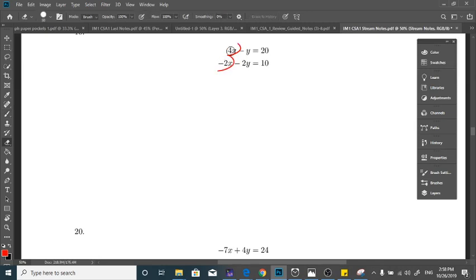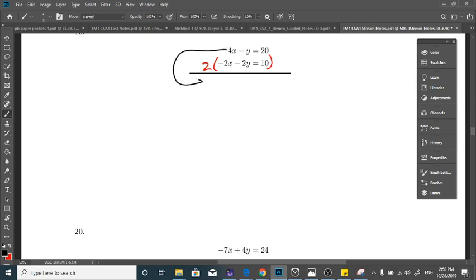This is going to come in handy because we can turn 2 into 4. How we do that is multiply by 2. Then I'm going to write the first equation here again: 4x minus y equals 20. We did nothing to it except write it.